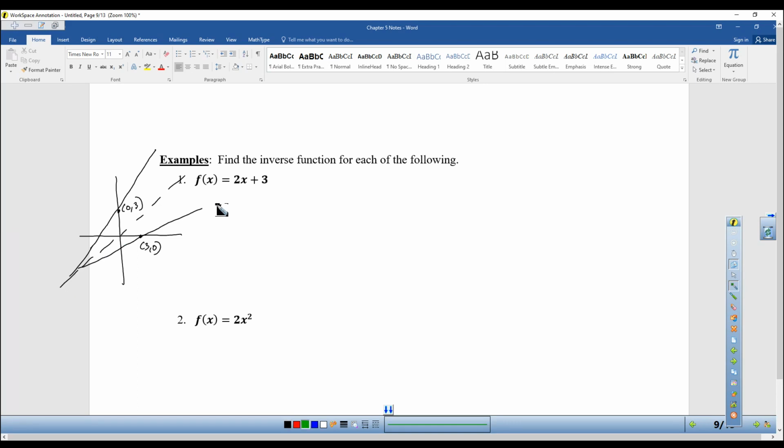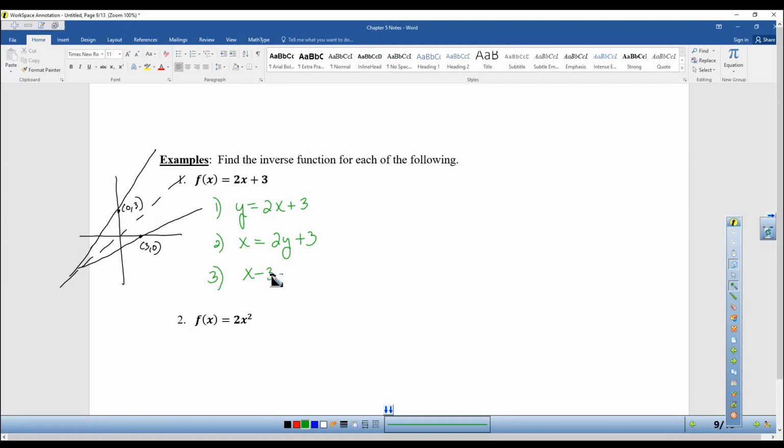Here are going to be the steps. Step 1, replace f of x with y. Step 2, switch x and y. Just like we switched these as ordered pairs, x became y and y became x, we're going to do that in our equation. And then step 3, solve for y.